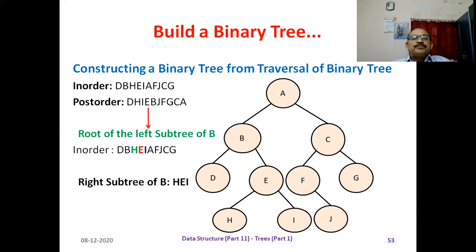Here you can see I is on the right-hand side of E. Therefore, I becomes the right child of E. And H is the left of E. Therefore, H becomes the left child of E. So this way you can construct a binary tree from a given traversal sequence.